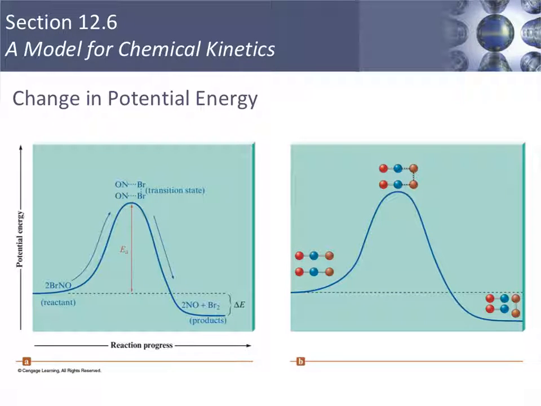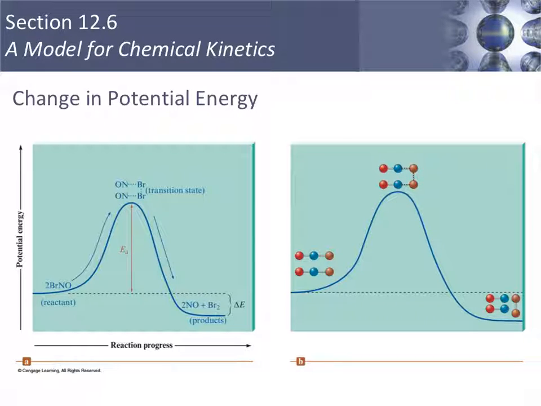These two slides represent a diagram that shows the energy transitions that take place in a reaction where you have two BrNOs that change into 2NO plus Br2.